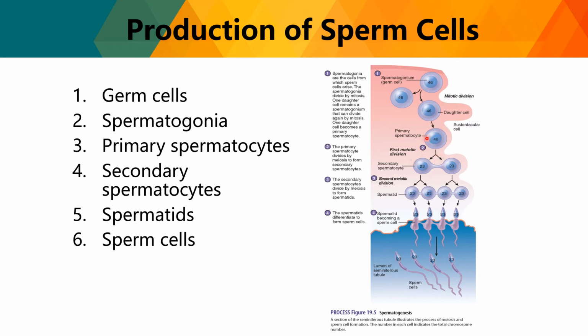In the first meiotic division, it would produce 2 secondary spermatocytes, and then undergoing the second meiotic division, it would produce 4 spermatids. So the spermatids will then develop and become sperm cells in the lumen of the seminiferous tubules. Okay?